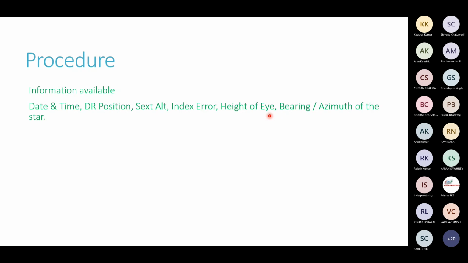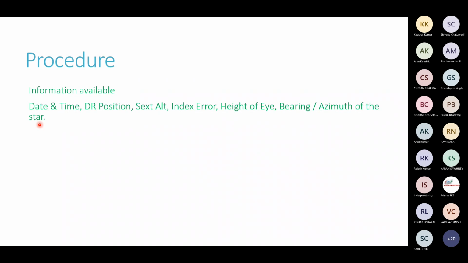The index error and height of eye are required to correct the sextant altitude and obtain the true altitude of the star. Along with it, the bearing or azimuth of the star is also provided. If you look carefully, all this information is available to you when you take a star sight.